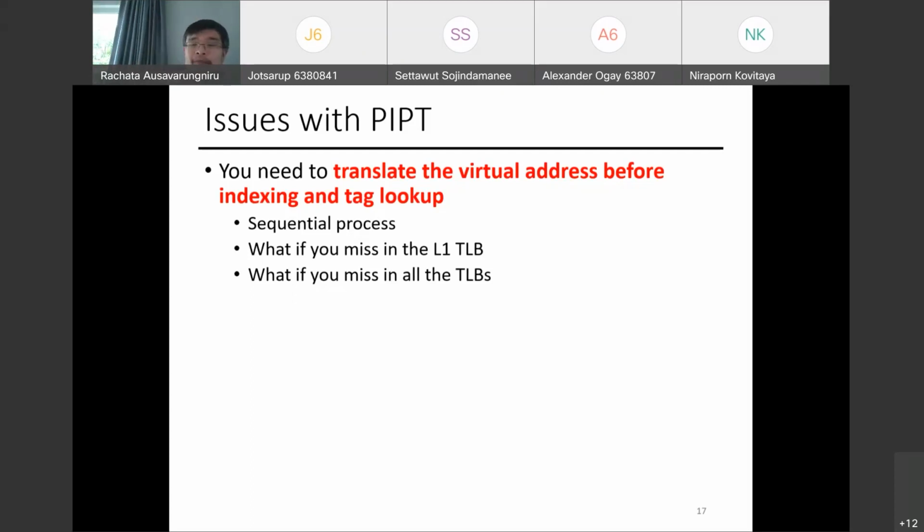So here's what happens when you use PIPT. You start with the virtual address, right? So what's the first thing you check to get your physical address?